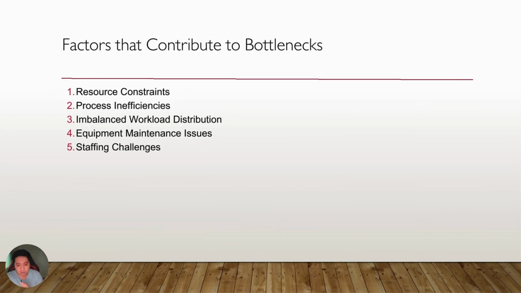What are the factors that contribute to bottlenecks? We were given five factors. First, resource constraints: limited machines, limited working staff, or materials. Second, process inefficiencies: outdated technologies or inadequate workflow design. Third, imbalanced workload distribution: some processes may be overloaded while others are underutilized, so some are used to exhaustion while others are lax.